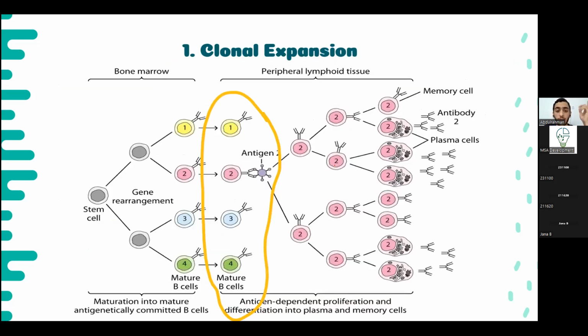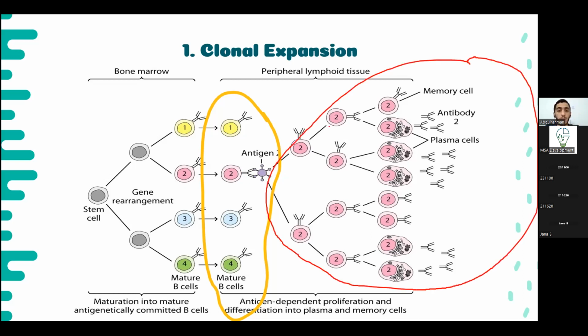Clonal expansion, the first concept. What happens here is that the antigen has bound onto the specific B cell that is specific for this antigen. And since this one can attack this specific antigen, we're going to create more of it. And this all is referred to as clonal expansion. It means that we created more of the B cell that releases antibody for this specific antigen.